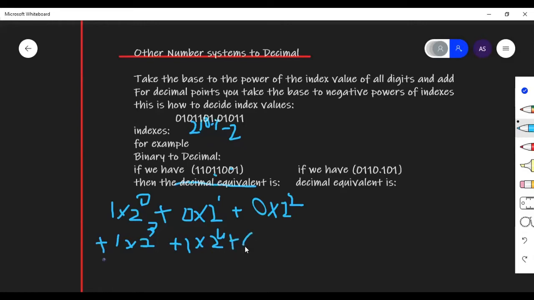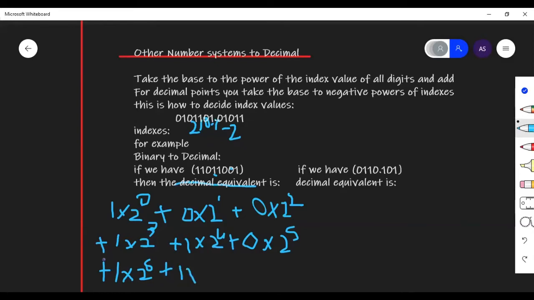And you just keep going on like this. Then 1 into 2 to the power 6 plus 1 into 2 to the power 7, right?